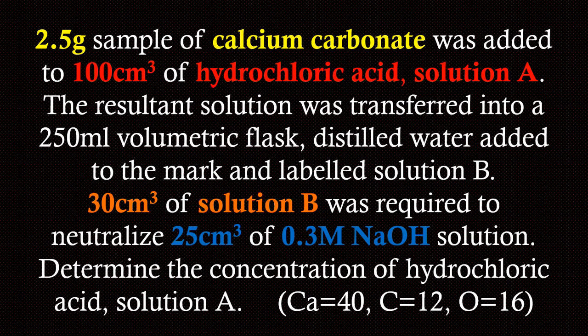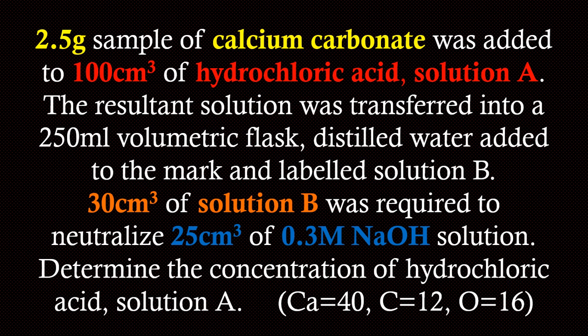Before we go through how to find the concentration of hydrochloric acid solution A, it is important to realize that the reaction between calcium carbonate and hydrochloric acid will be in such a way that one of the reagents is in excess, and this is definitely hydrochloric acid.